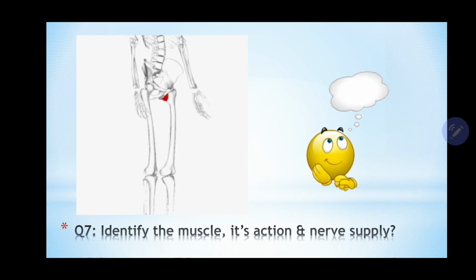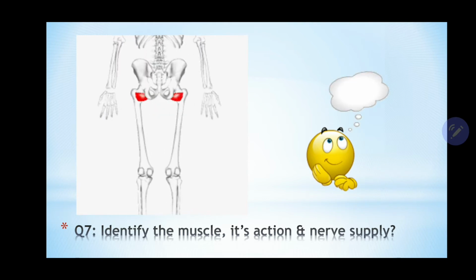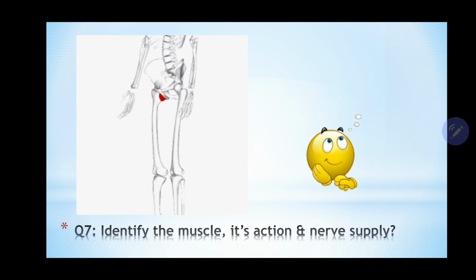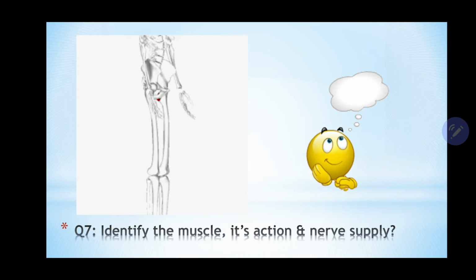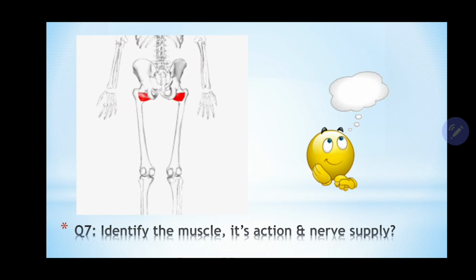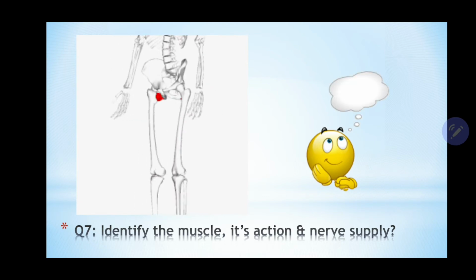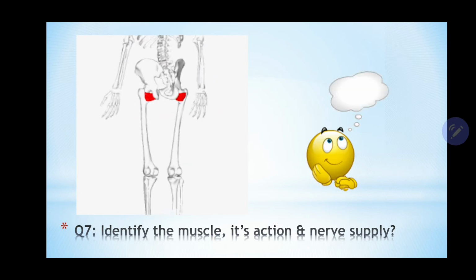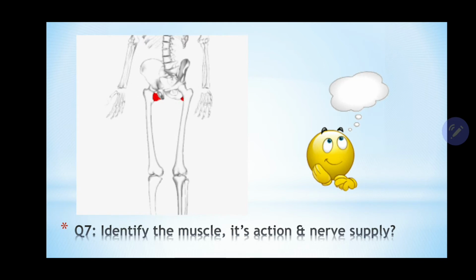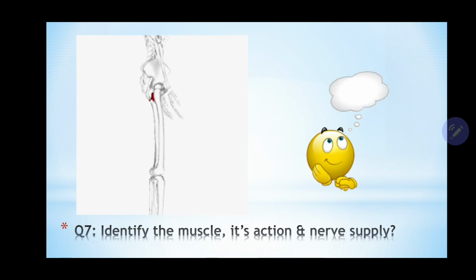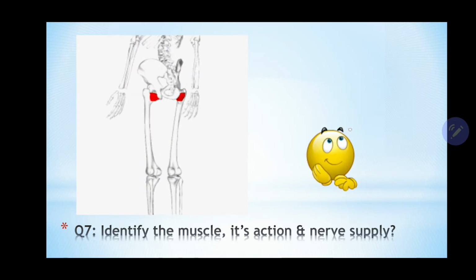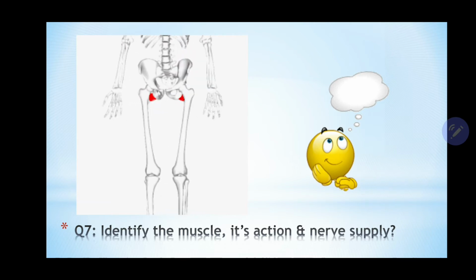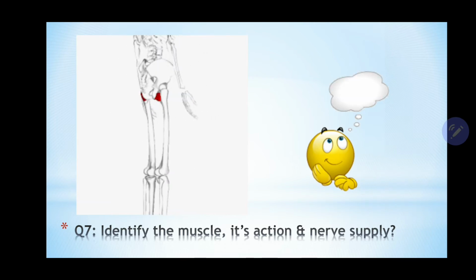So it takes origin from the ischium and inserts on the posterior aspect of the greater trochanter of the femur, and that's a tubercle called the quadrate tubercle onto which this muscle gets inserted. This muscle is quadratus femoris, and the action will be the same, that is lateral rotation of the thigh.